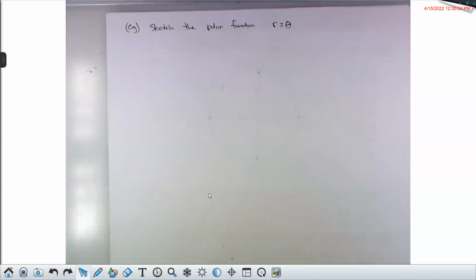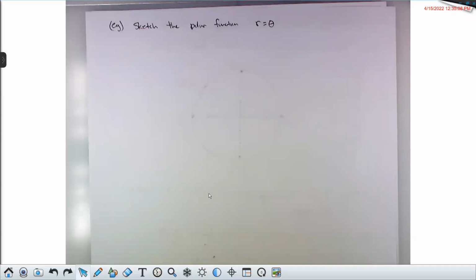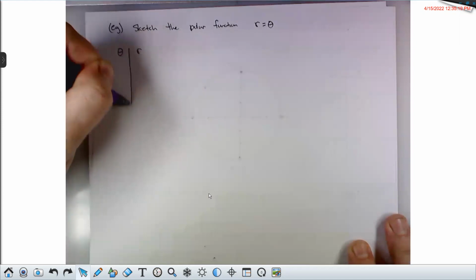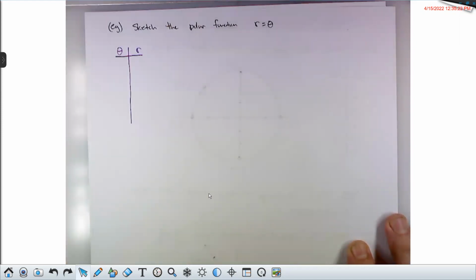Let's sketch the polar function r equals theta. No longer a constant function. Okay. Still, we're going to make a table. Usually, theta will be the independent variable, so we'll pick some theta values and see what r values we get out.